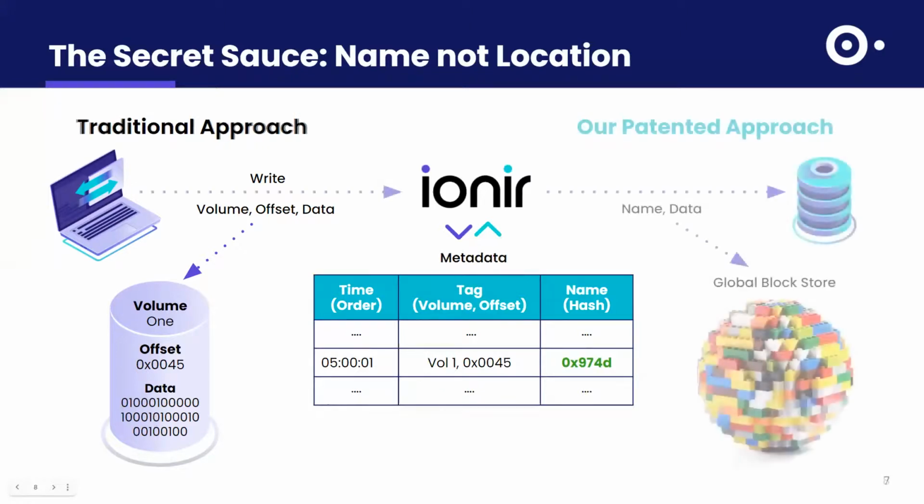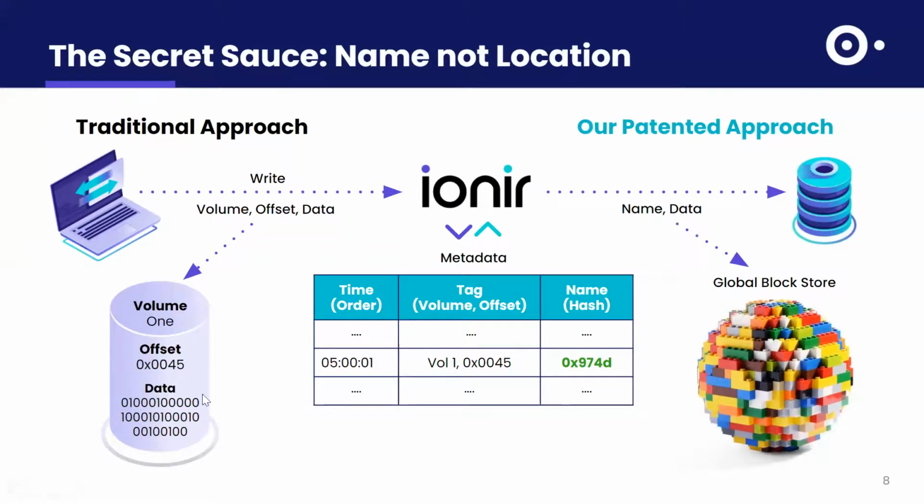What we do is we create a unique 256-bit hash of those ones and zeros. So if any of these ones and zeros were to change or be different, it would create a different hash. So this 974D is directly associated only with this set of ones and zeros that you see right here.